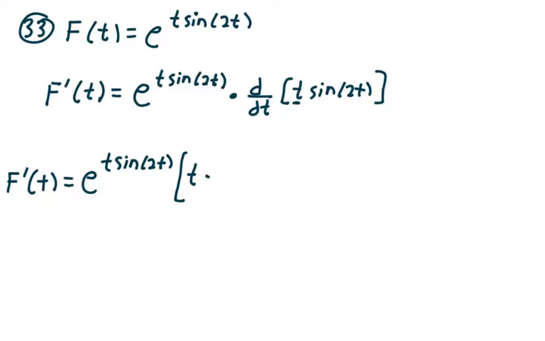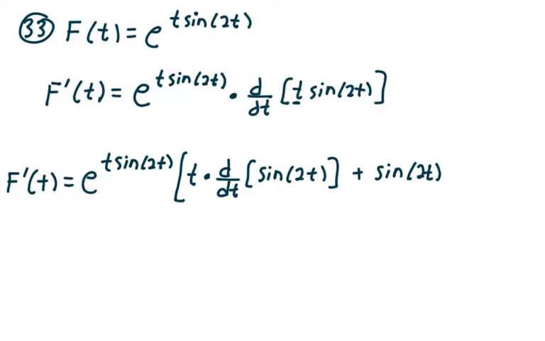So let's write that down. So we're taking the derivative of sine of 2t with respect to t, and then I'm going to add sine of 2t times the derivative of t with respect to t.